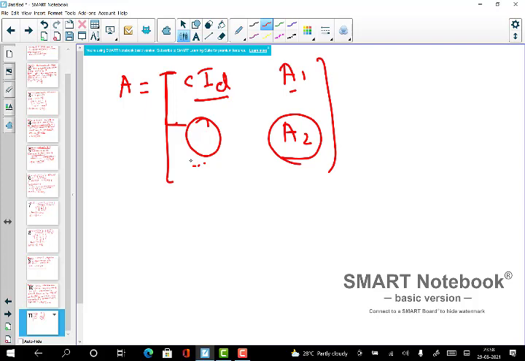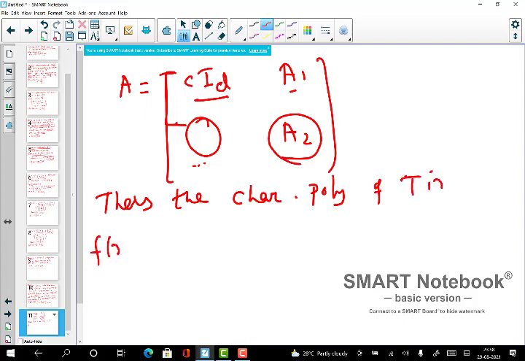So what will be the determinant of this? Thus the characteristic polynomial of T is f of x, and that will be the determinant of x I minus A. The first d block will be x I minus A, so inside A you will have a d cross d matrix, which is a diagonal matrix.